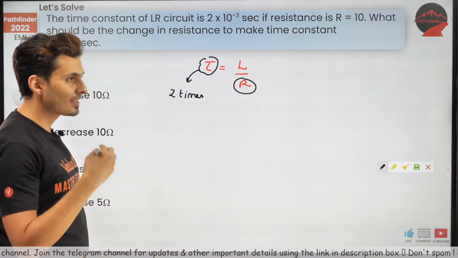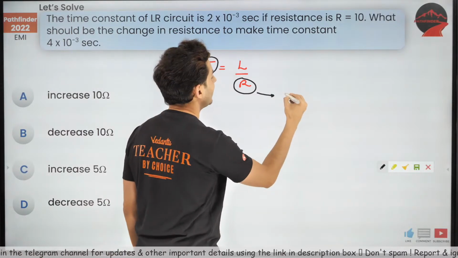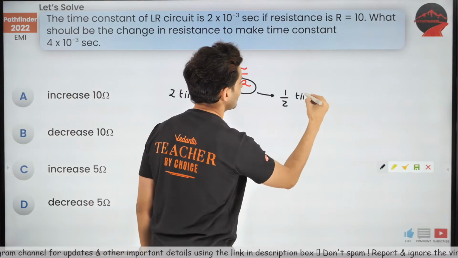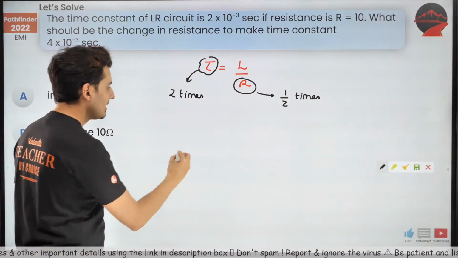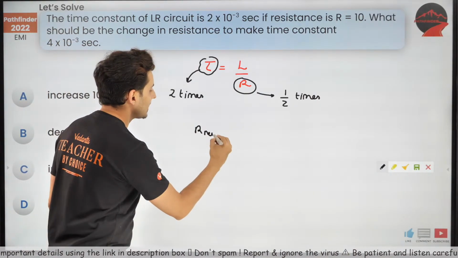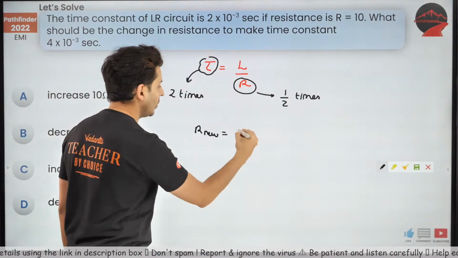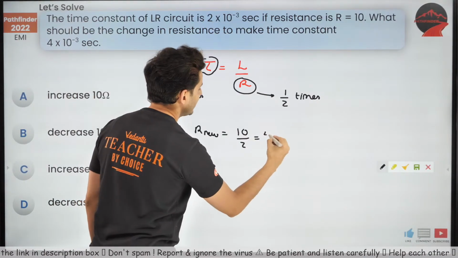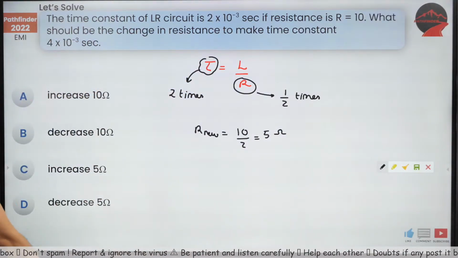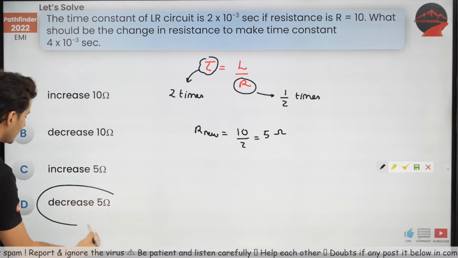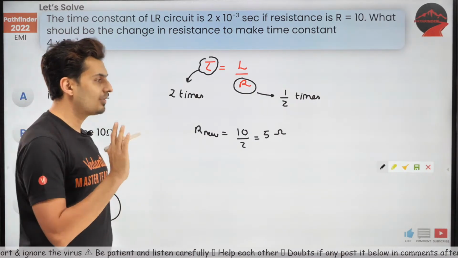That means the resistance has to become how many times? Half times, correct? It has to become half times. Makes sense? So the new resistance will be the old resistance by 2, which is 5 ohm. So earlier it was 10, now it has become 5. So hence it decreases by 5 ohm.